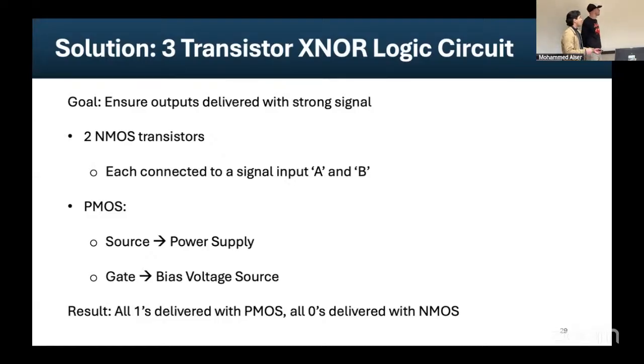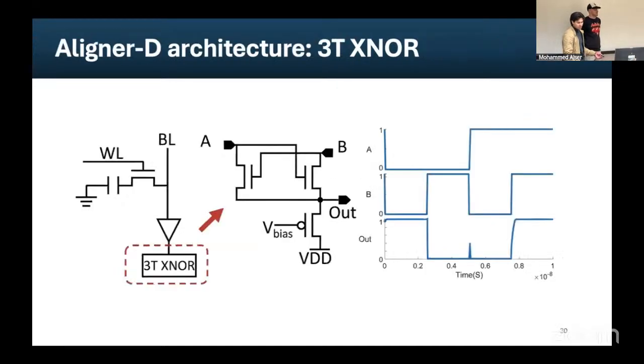I'll go into more detail on how it works, but by implementing it this way, only stronger signals are delivered. This is what it looks like: there'd be an NMOS over here, an NMOS transistor over here, and then this is what our PMOS looks like.